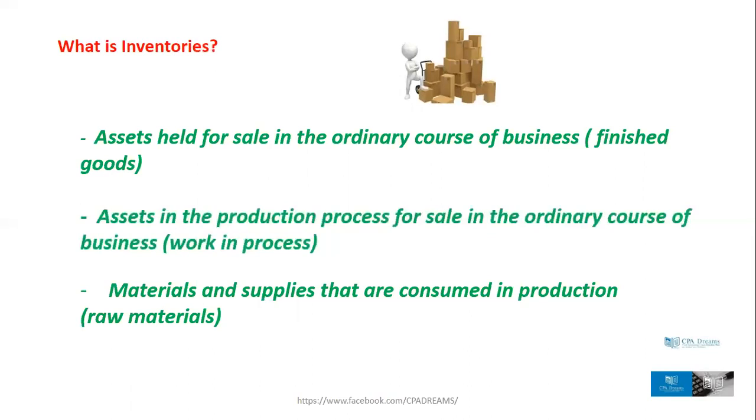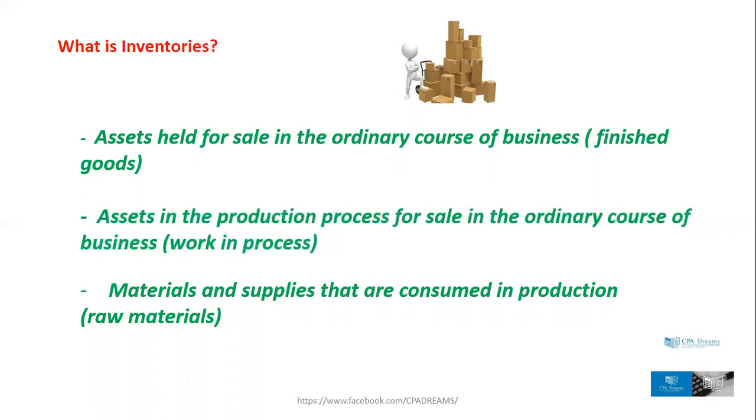In manufacturing, you have inventories as raw materials, work in process, and finished goods. I will dig deeper on that when we go through cost accounting. I'm just giving you the overview.